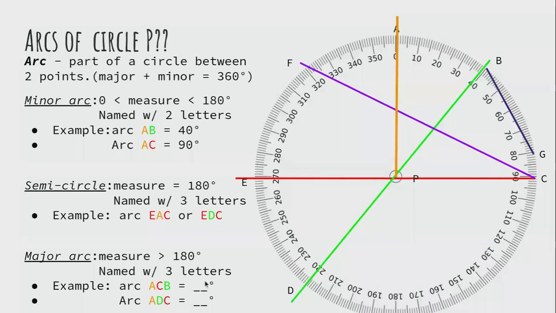What do you got? Where is the major arc? It starts at A and goes to the left, all the way around, past C, and ends at B. And again, that line should be on 40.